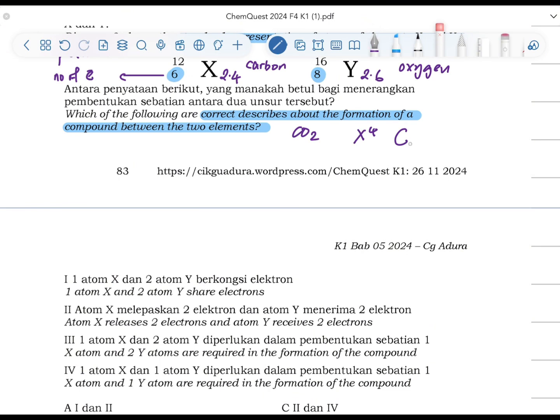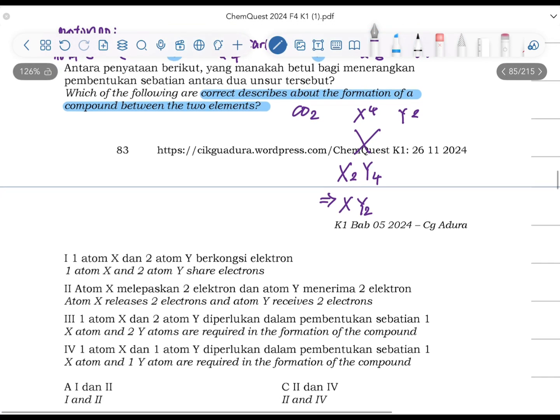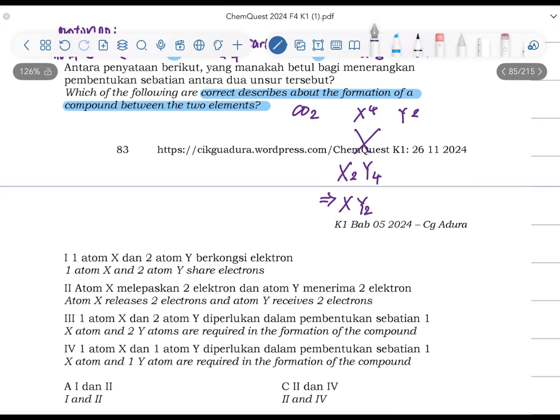So we can just write out the chemical formula. So it is X2Y4, and then we can simplify it, which becomes XY2. So one atom X and 2 atoms Y share the electrons. Yes, the statement is correct. Second, atom X releases 2 electrons and atom Y receives 2 electrons.